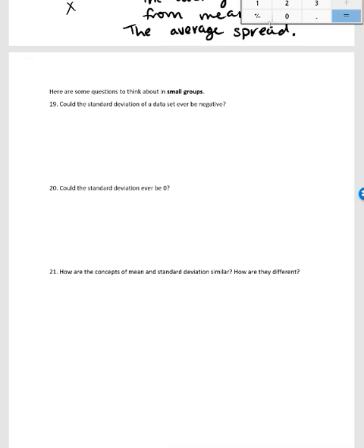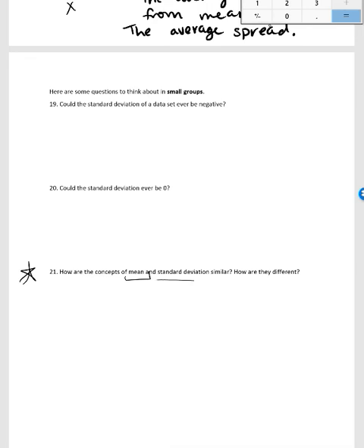And then this question, which generally appears on some tests sometime in my class: how are the concepts of mean and standard deviation similar? What about them is similar? Thinking about the mean as that balancing point, it's kind of averaging something.